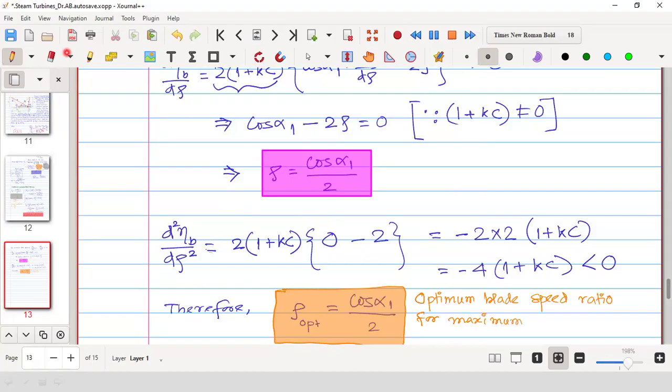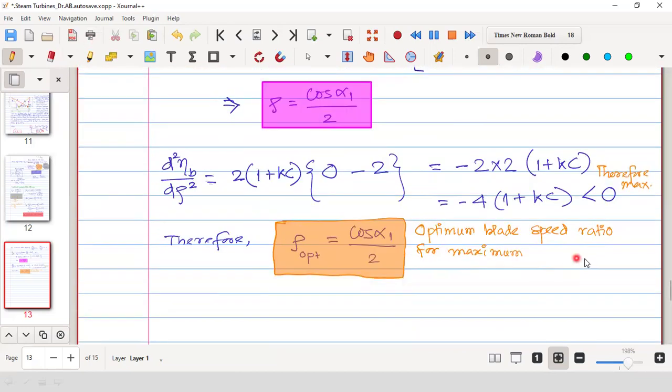So we can write here that it is maximum. That is the condition of maximum efficiency. So optimum blade speed ratio for maximum efficiency.